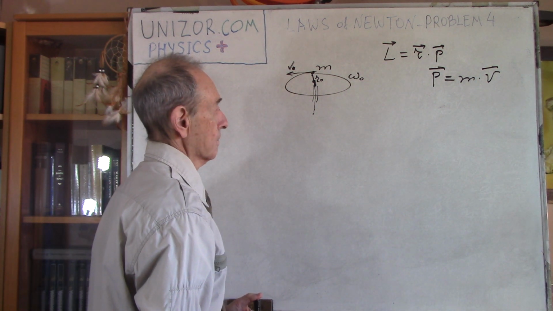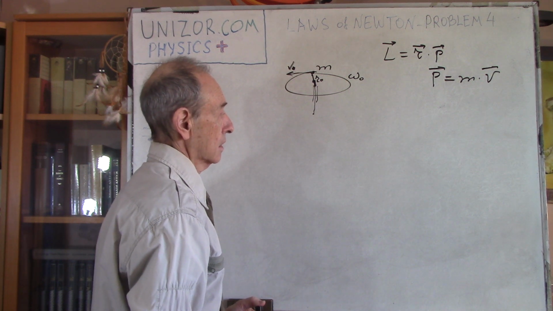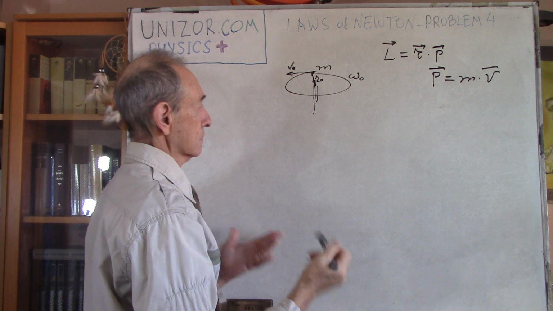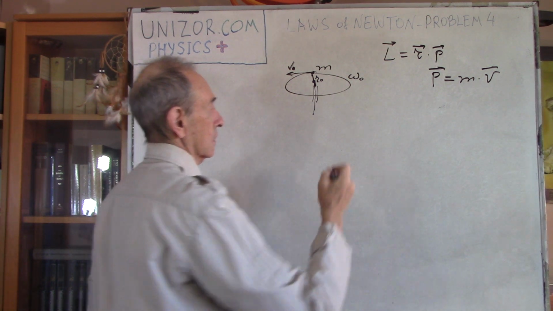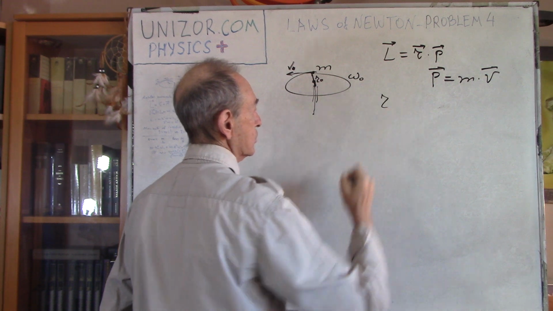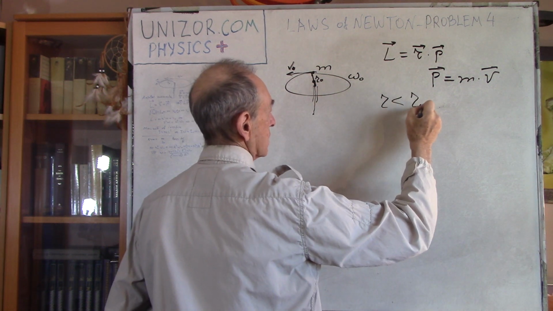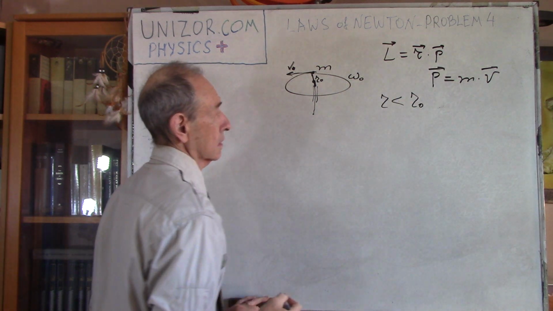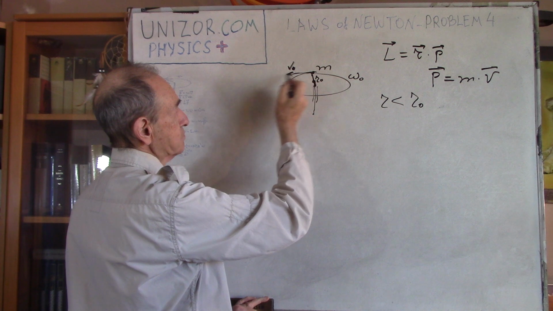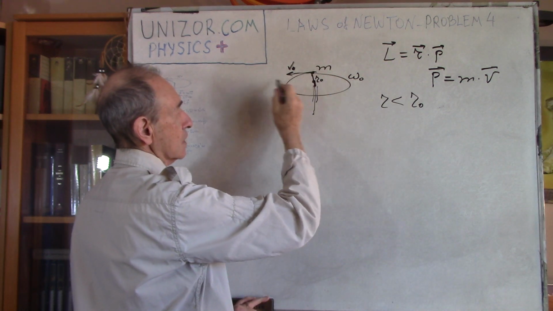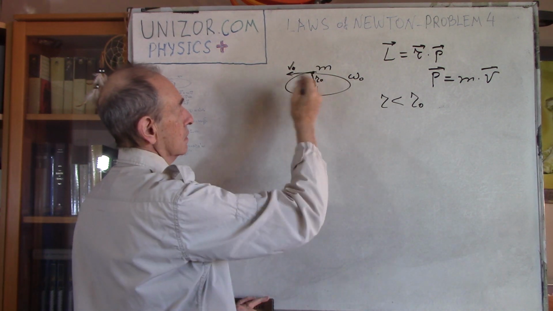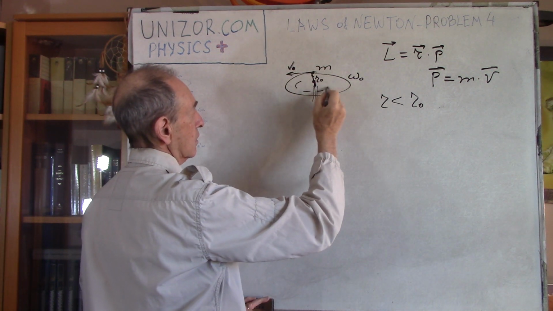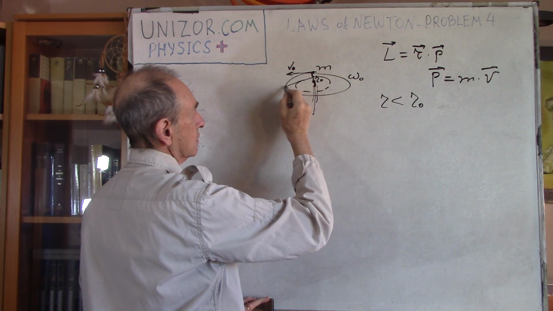Okay, so if I pull it down to a certain other radius, let's say r, which is smaller than r0, what happens? Well, this thing is supposed to be preserved. Now, the speed is always tangential to a circle. So in the new position, it will still be tangential.